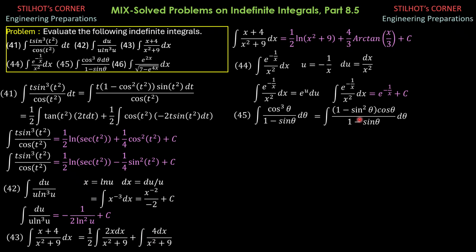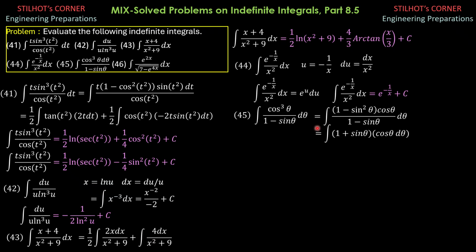This is 1 minus sine theta times 1 plus sine theta, so we can cancel 1 minus sine theta. It is integral of 1 plus sine theta, times cosine theta d theta.